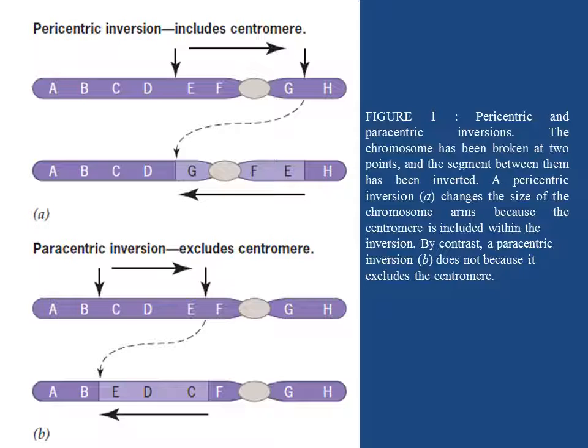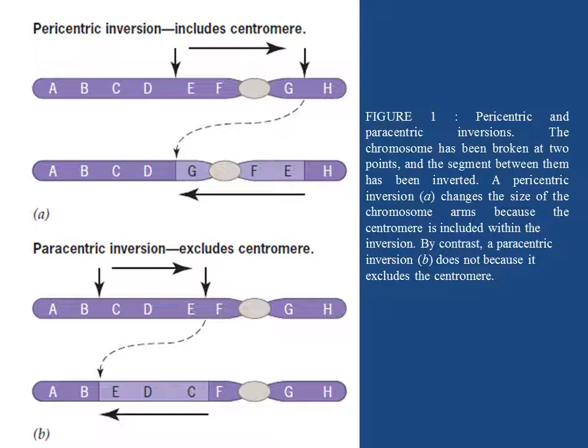Usually pericentric inversions are easy to detect, whereas paracentric inversions are very tough to detect, because in case of pericentric inversion, the length of the chromosomal arm may change. Listen here carefully.